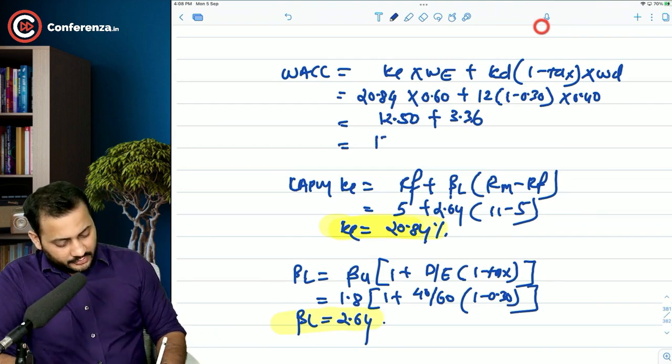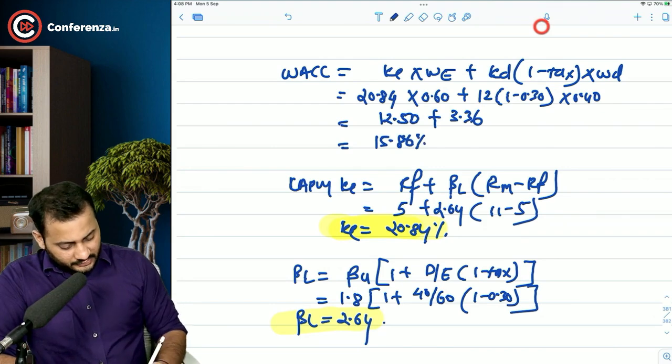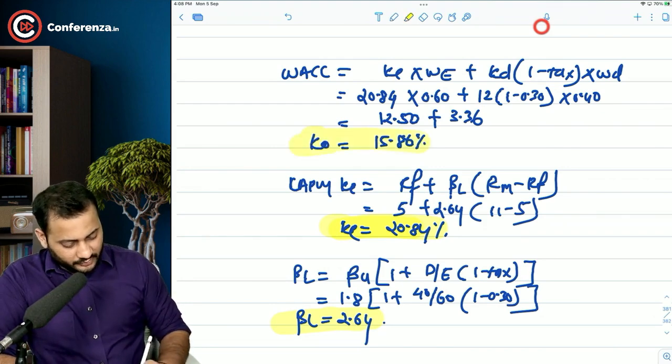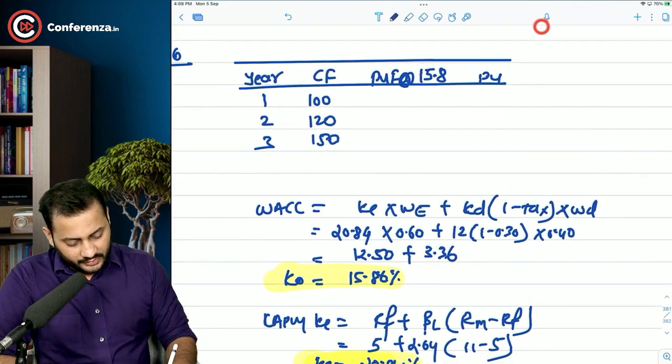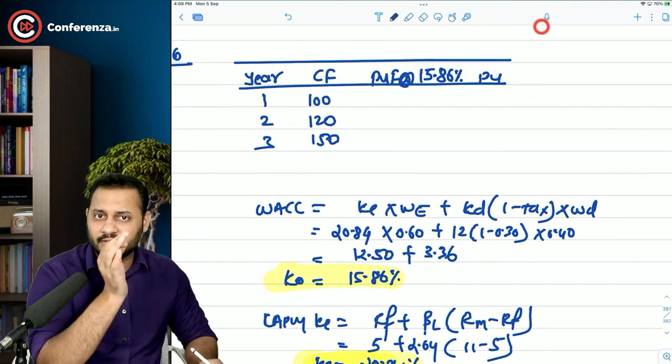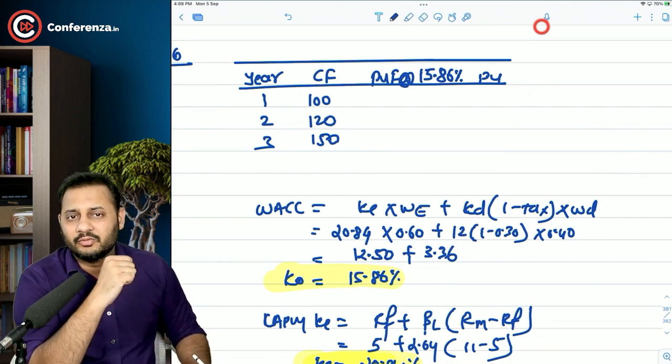So the total is coming to 15.86. That's your cost of capital, which you will be using to discount these cash flows. 15.86%. Take the present value factors and then calculate the present value.